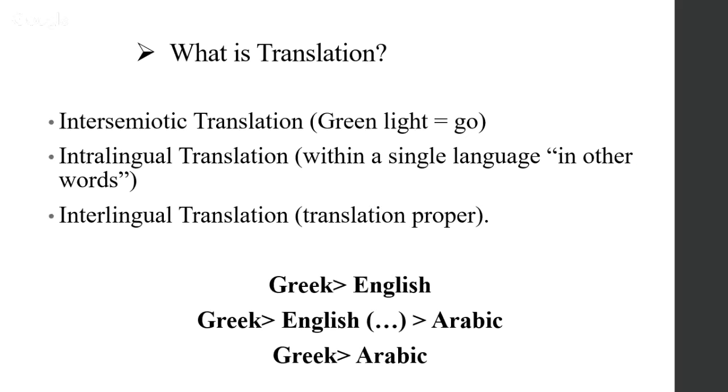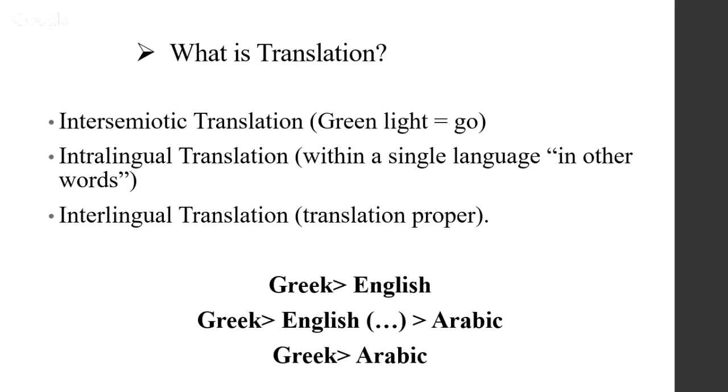The third is interlingual translation, which is translation proper, for example from Greek into English, or from Greek into English and then into Arabic, or from Greek into Arabic directly.